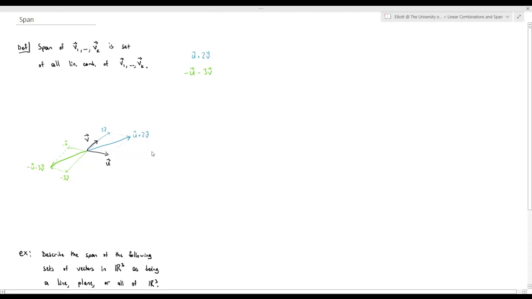So maybe I'll stop there, but if I were to continue drawing different linear combinations, it would continue giving me different vectors. Okay. And all of these vectors that we're getting lie within the plane formed by the vectors u and v.